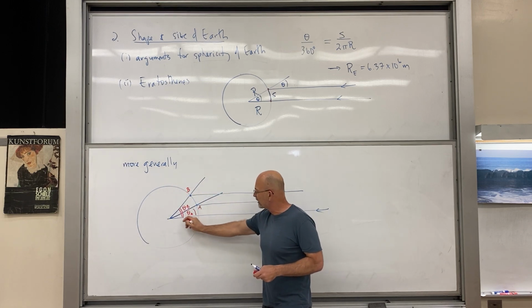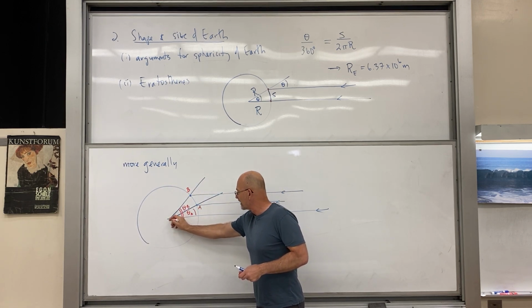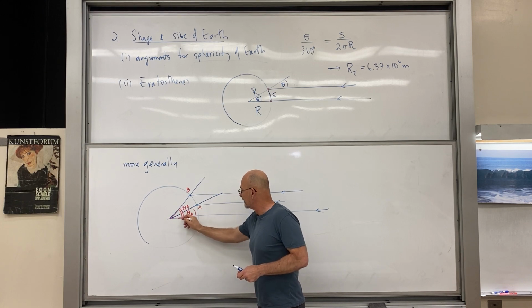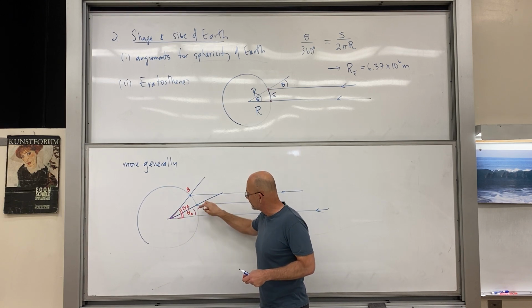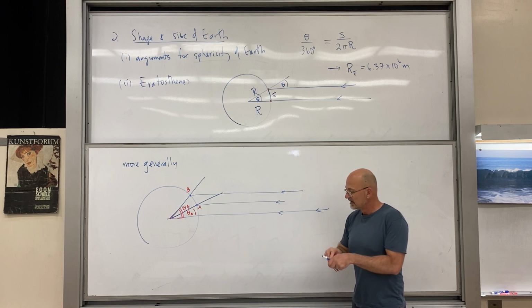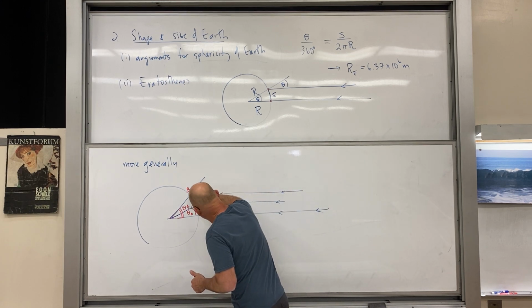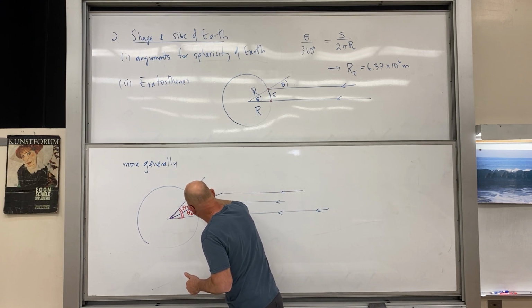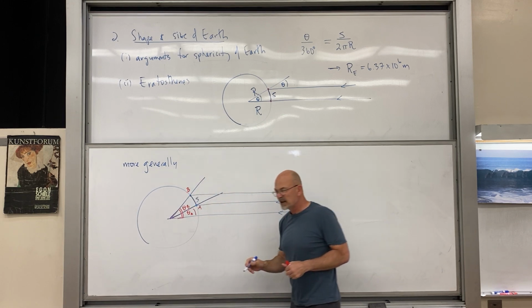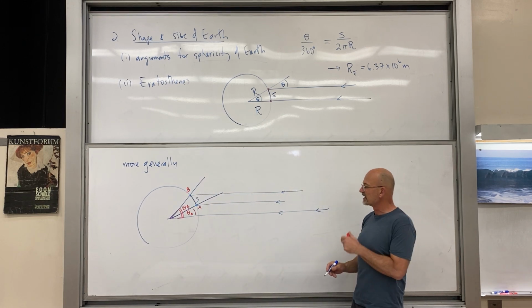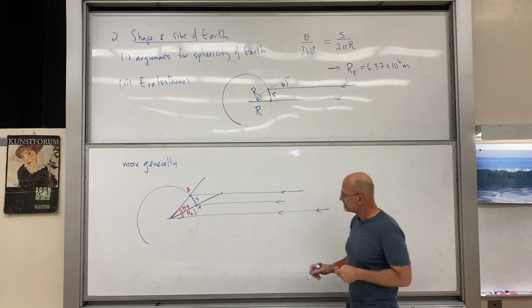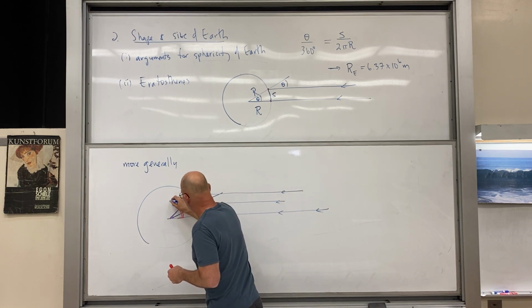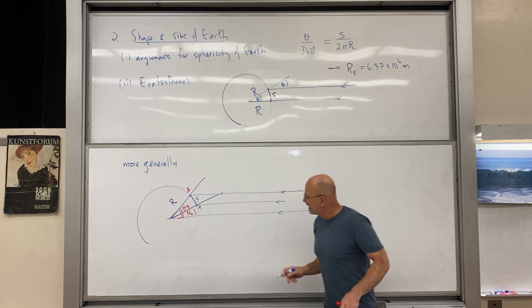Okay, theta sub B is from here on up to there. Theta sub A is just the small one. So if I have an arc length S, I'll call it S sub BA or something, or I'll just call it S. There's the radius of Earth.